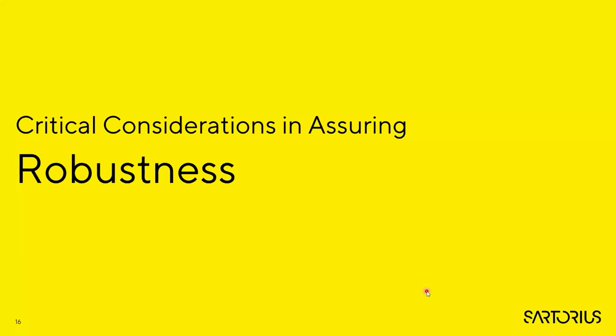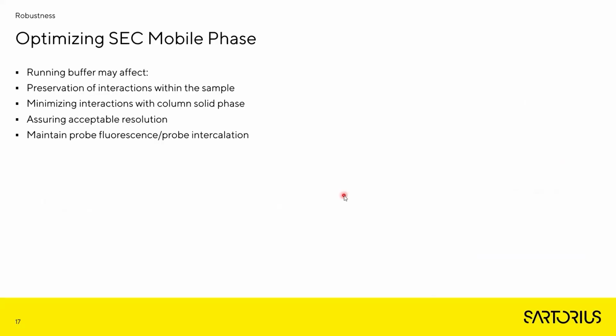So the next question would be how robust this approach can be and how to assure the reproducibility of the analysis. So one thing is optimization of the SEC mobile phase.